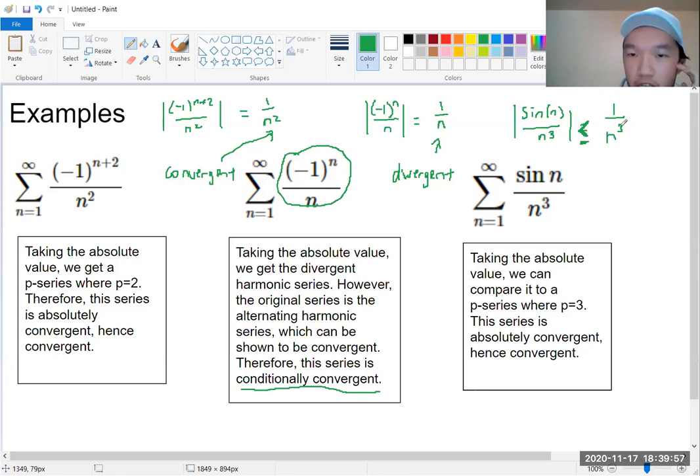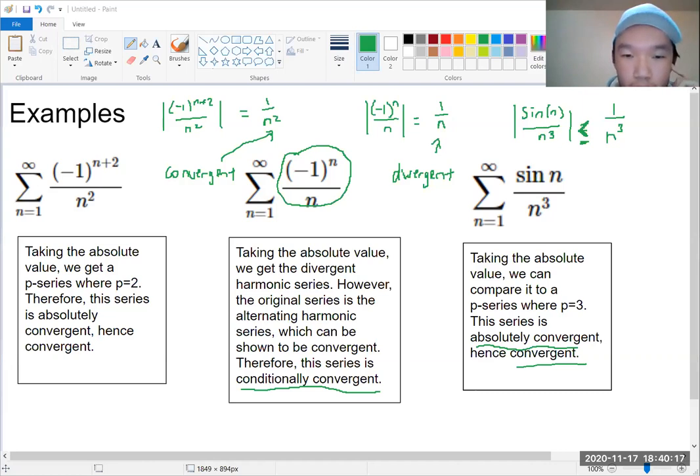So that's a convergent p series. So if you're less than a convergent p series, then you're also convergent. So this is absolutely convergent, which also means convergent. Okay, so those are just examples of those definitions. So these definitions will come in handy for the second test that we are about to learn in this section.